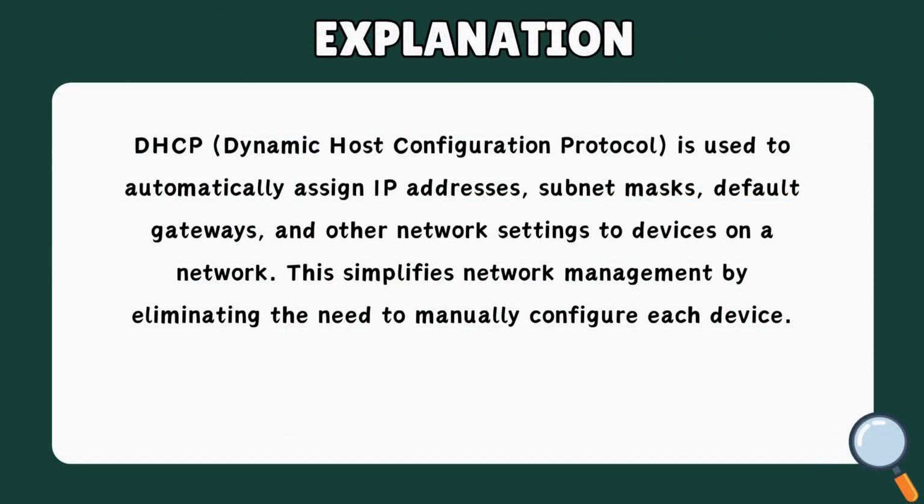DHCP, Dynamic Host Configuration Protocol, is used to automatically assign IP addresses, subnet masks, default gateways, and other network settings to devices on a network. This simplifies network management by eliminating the need to manually configure each device.